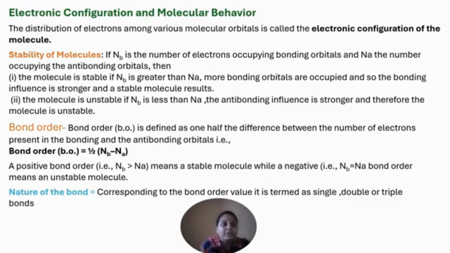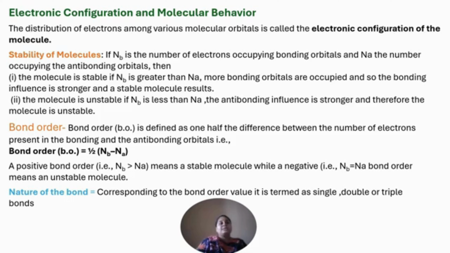Next, electronic configuration and molecular behavior. The distribution of electrons among the various molecular orbitals is called the electronic configuration. The stability of a molecule is based upon the number of electrons occupying the bonding orbitals, Nb, and the anti-bonding orbitals, Na.